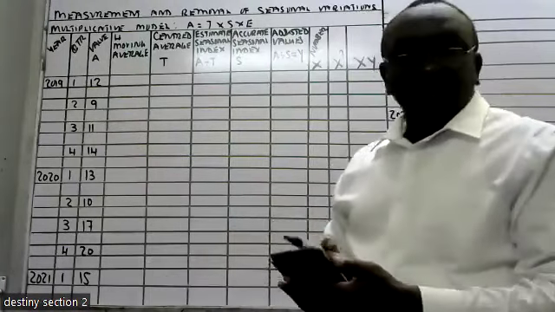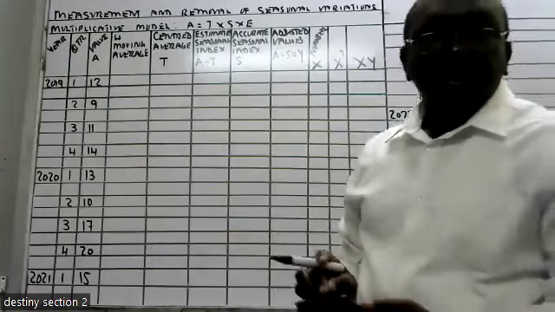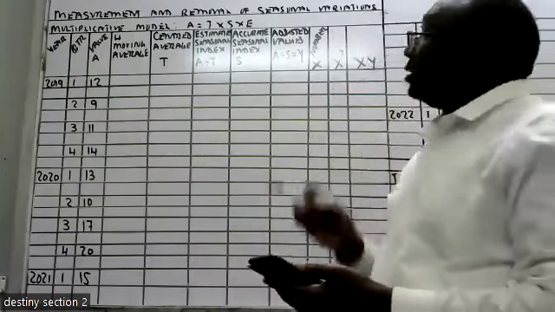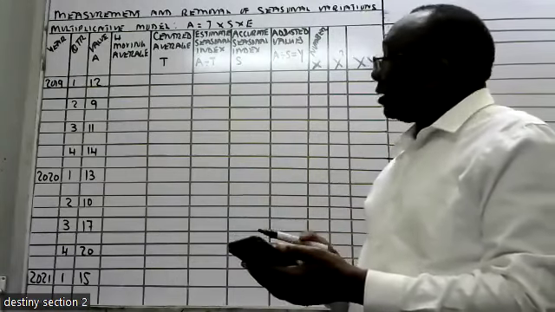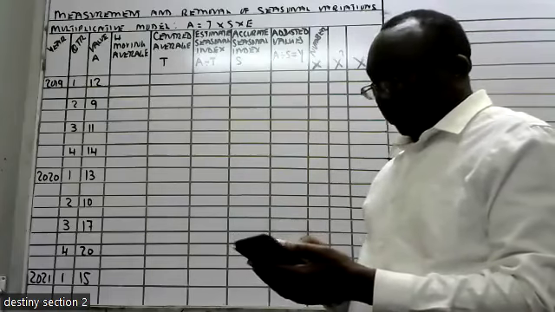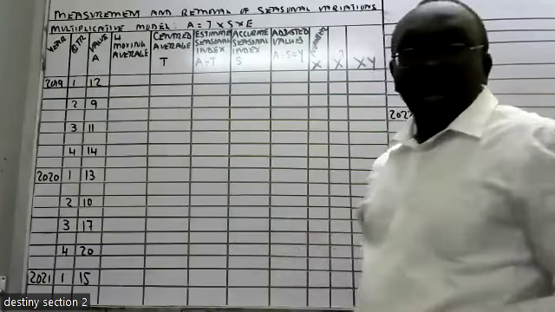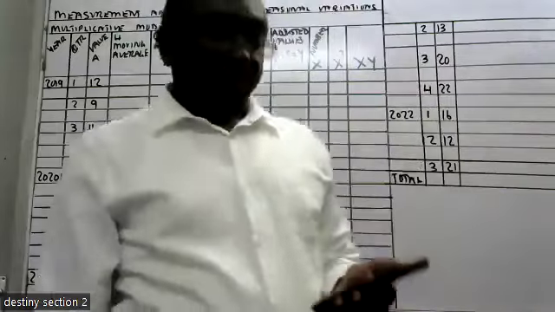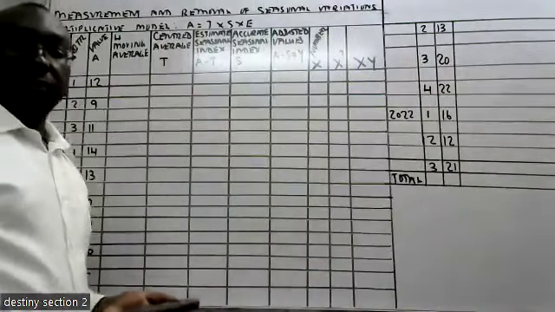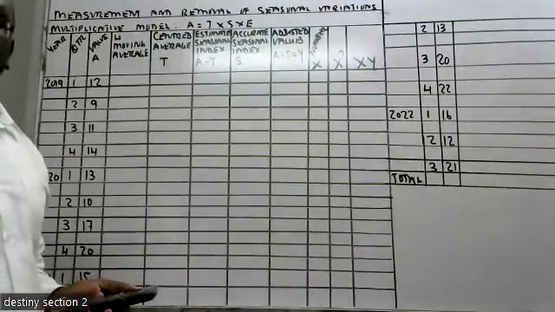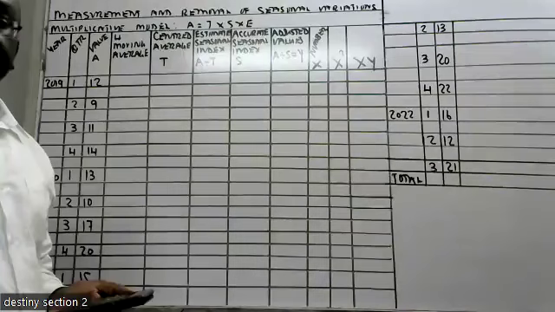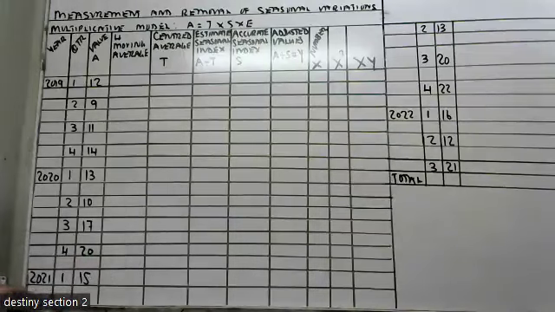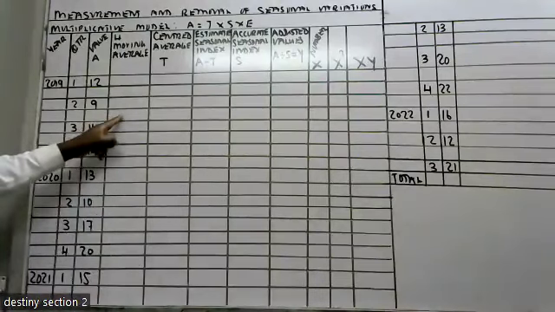You say 12 plus 9 plus 11 plus 14 equals that answer divided by 4, and tell me what you're getting. 11.5. 11.5, good.